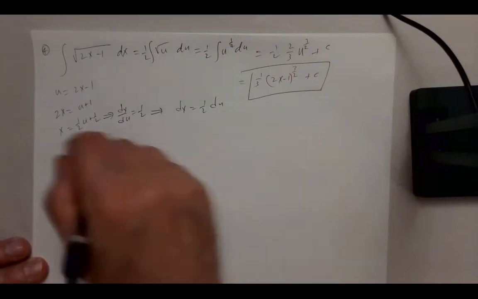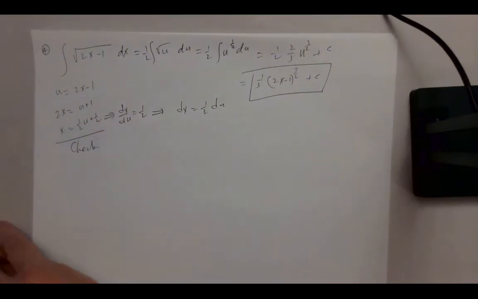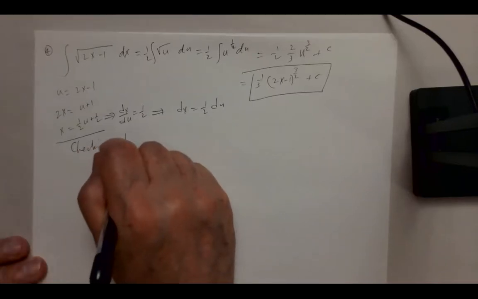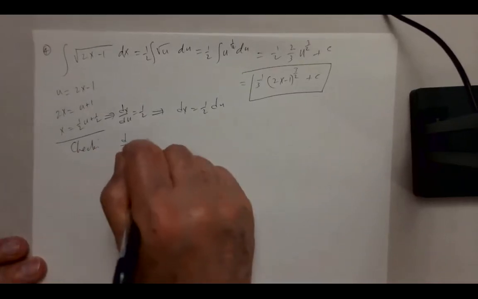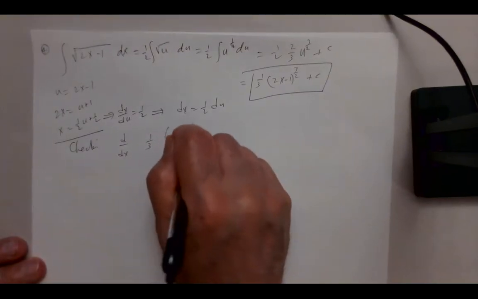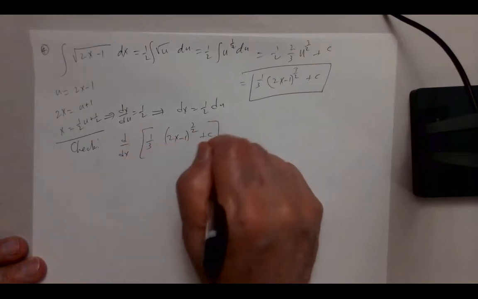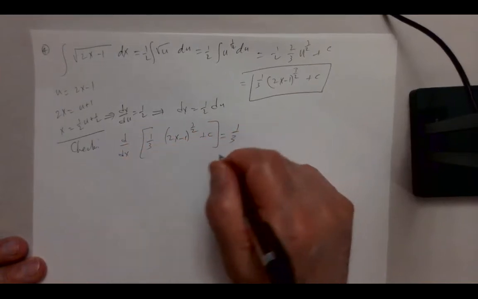Let's check. It's hard to integrate, but easy to check if an answer is correct. The derivative with respect to x of 1/3 (2x minus 1) to the 3/2 plus a constant is 1/3.